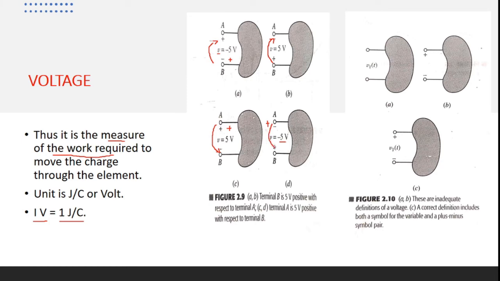So A is again positive by 5 volt compared with terminal B. This is how we name circuit elements.